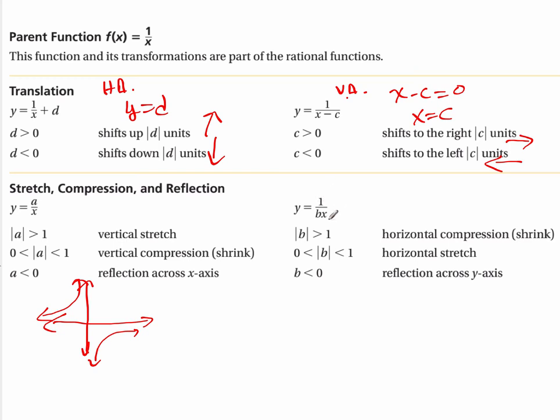Now, when y is 1 over bx, when b is greater than 1, it's a horizontal compression. Now remember, these two are tightly bound. When the magnitude of b is between 0 and 1, it's a horizontal stretch. And when b is negative, it's a reflection across the y-axis. So it would become very much like this.